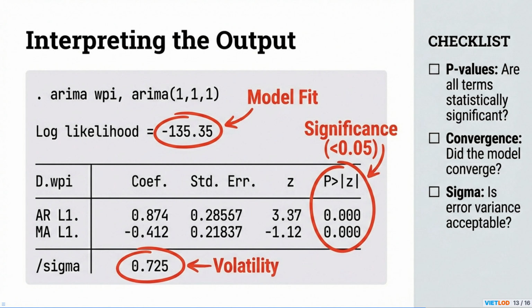When interpreting the Stata output, we first look at the model fit, indicated by the log likelihood. This value is used in information criteria like AIC and BIC to compare different models. Next, check the significance of the coefficients. The P>|z| column contains the p-values. A value less than 0.05 typically indicates that the coefficient is statistically significant. The coefficients themselves are listed.